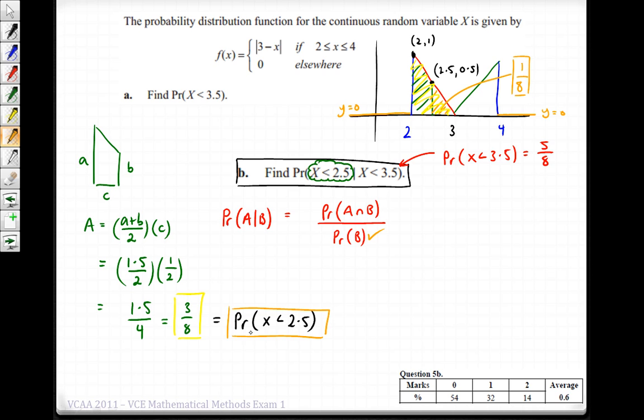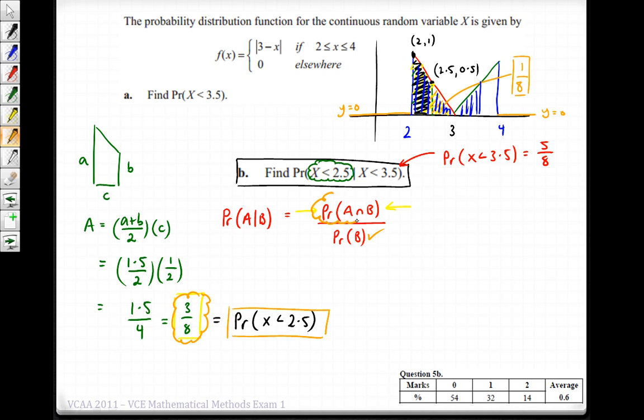And luckily, the probability x is less than 2.5, so this black bit I'm just scribbling in now, is already covered in the x is less than 3.5 that I'm putting in with the straight lines. So hopefully you can see that their intersection, this bit right here, is equal to the 3 on 8.